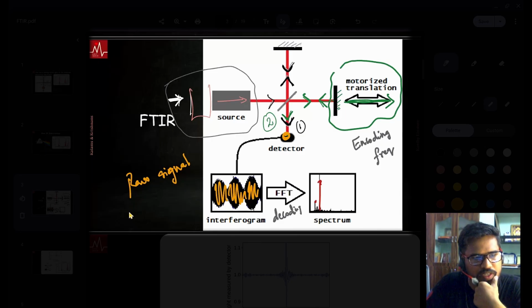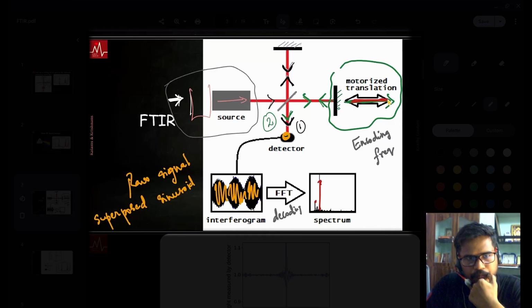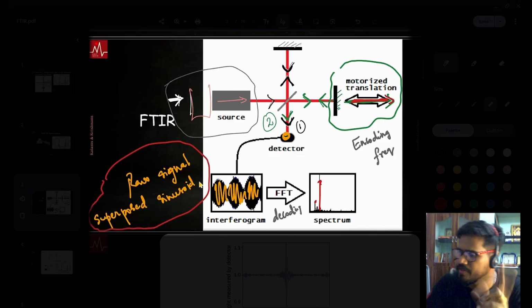So the raw signal is this superposed sinusoid. The real question is, how does this motor movement give you superposed sinusoids, where different frequencies get affected differently, so that if you take a Fourier transform, we get the spectrum.